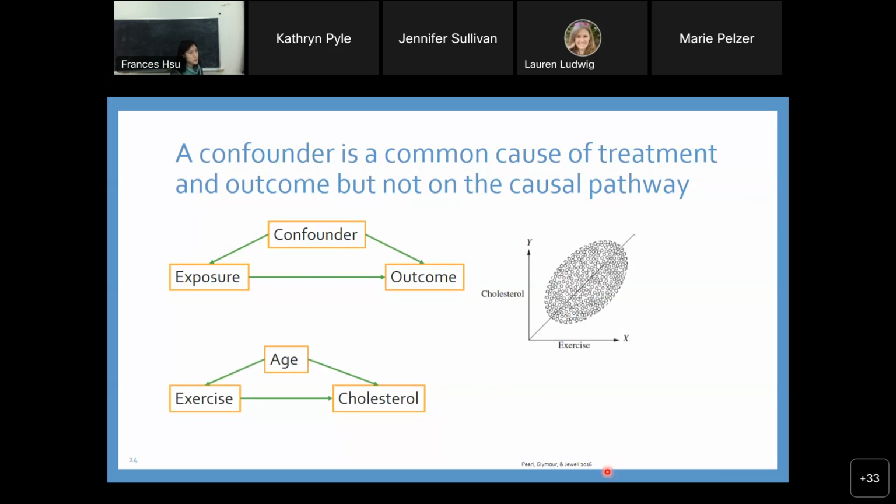If you look at this graph, you say, oh, great, more exercise increases my cholesterol level, so I should not exercise. But we're ignoring the age confounder here, where age is related. The older you are, the more likely you will exercise, but also you're more likely to have higher cholesterol level. So within each age group, exercise still reduces your cholesterol level.